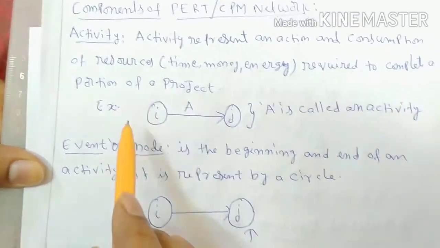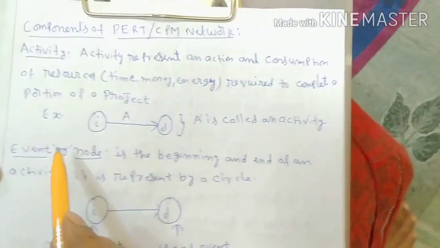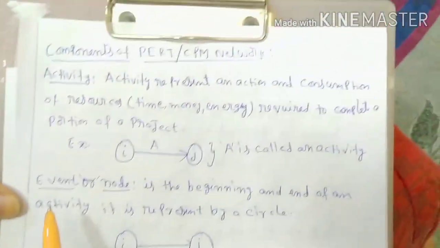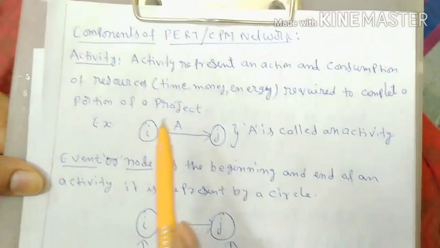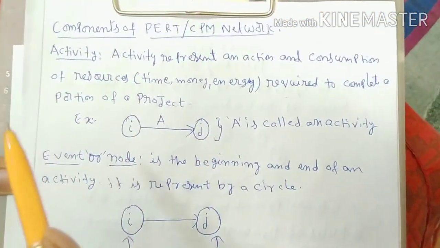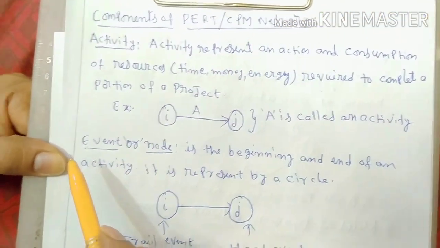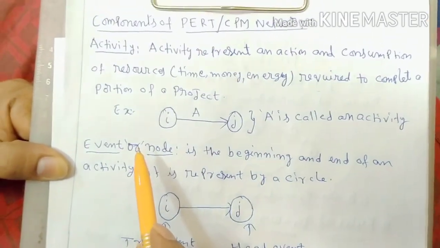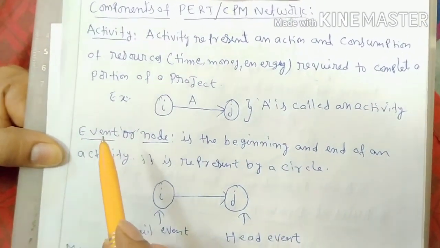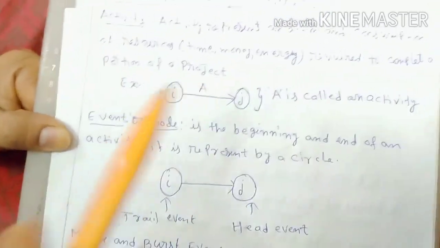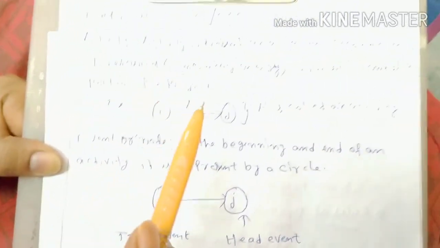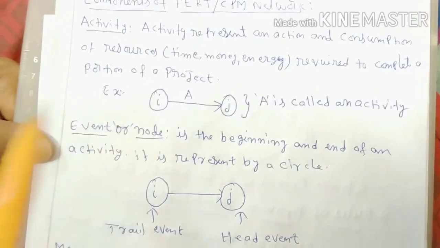First, getting the approval from the municipality, this is an activity, right? Next, another activity, constructing the building, second one. Fixing the windows and doors, third activity. Or painting the house, fourth activity. Likewise, each and every work can represent one activity.